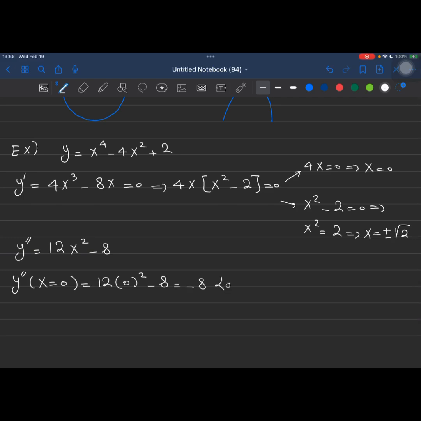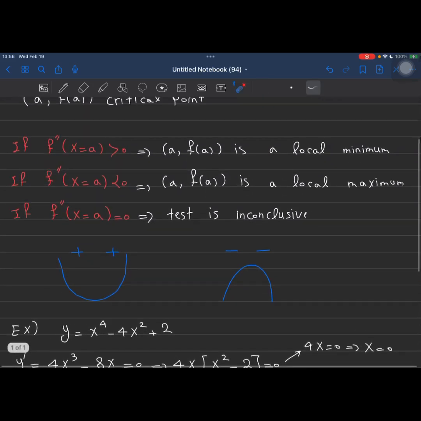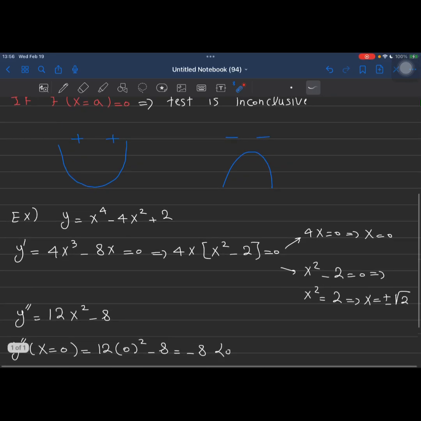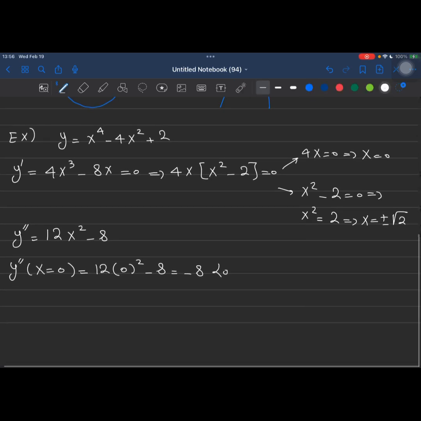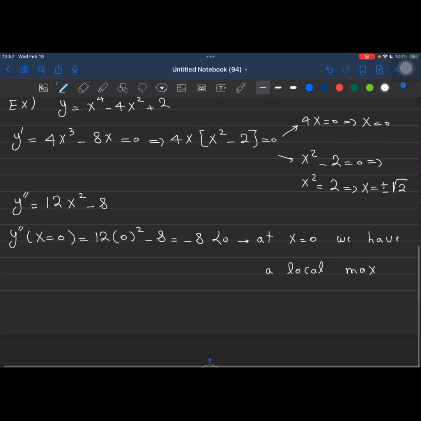And this is a negative number. Based on the second derivative test, if f double prime at x equal to a is negative, we have a local maximum. So then you can say at x equal to 0, we have a local max.